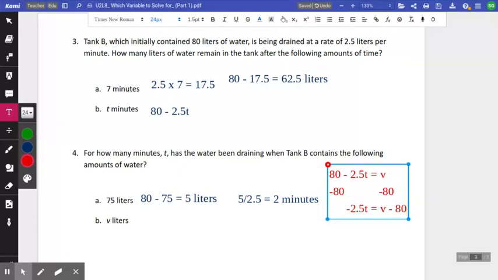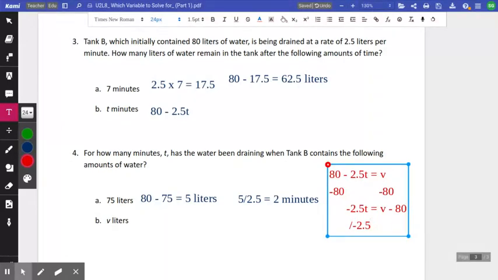Our last part, I'm trying to get that time, or t, all by itself. So I want to come in here and divide both sides by negative 2.5. If I get rid of that negative 2.5, it gives me t all by itself.